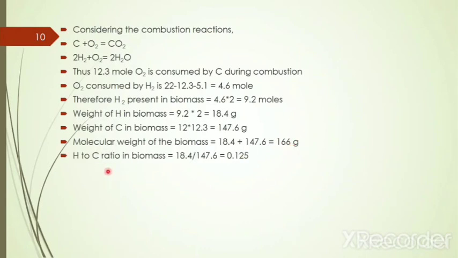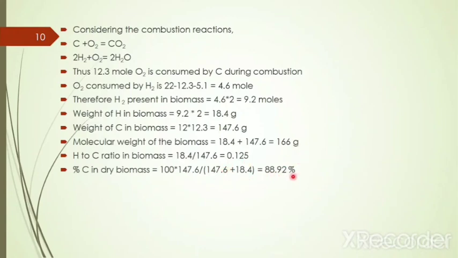And the hydrogen to carbon ratio will be 18.4 divided by 147.6, that is 0.125. And what will be the percentage of carbon in dry biomass? Again it will be 100 into carbon, 147.6 gram, divided by the total mass of biomass, that is 166.